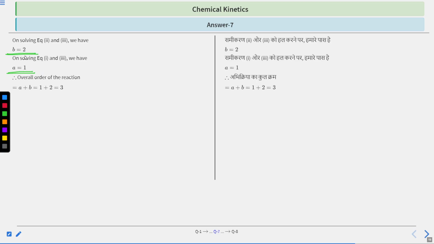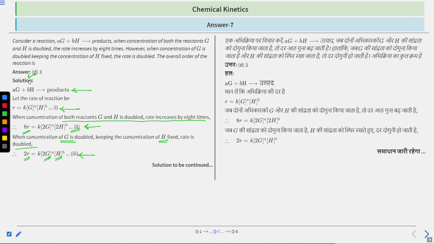So this is the order, the sum of A and B, because they are the powers of the concentration in the rate law. So A is 1, B is 2, so 1 plus 2 equals 3, and thus the overall order of the reaction is 3. Thus option D is the correct answer.